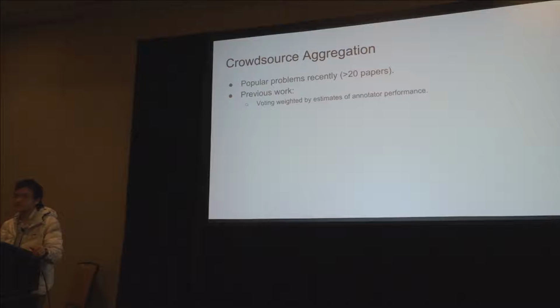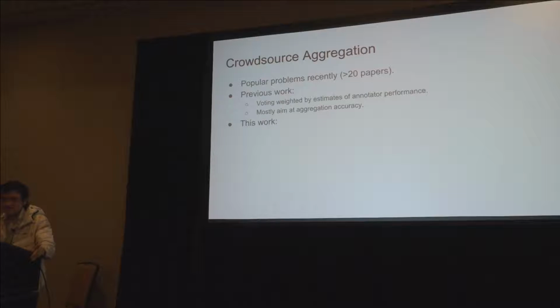So if an annotator has a higher performance estimate, then their labels would be weighted more. And in this previous work, their aim is to improve aggregation accuracy, which is important.